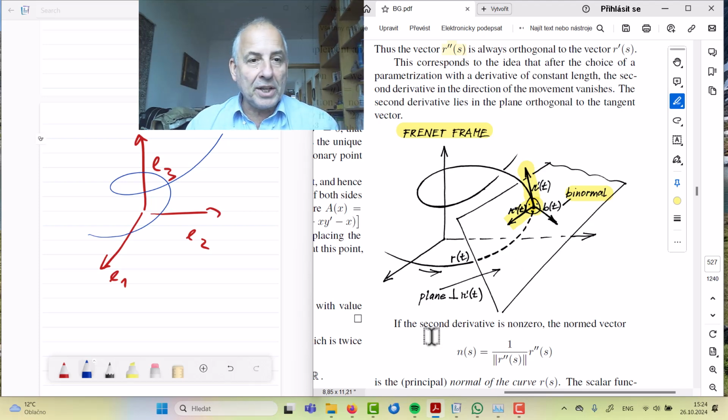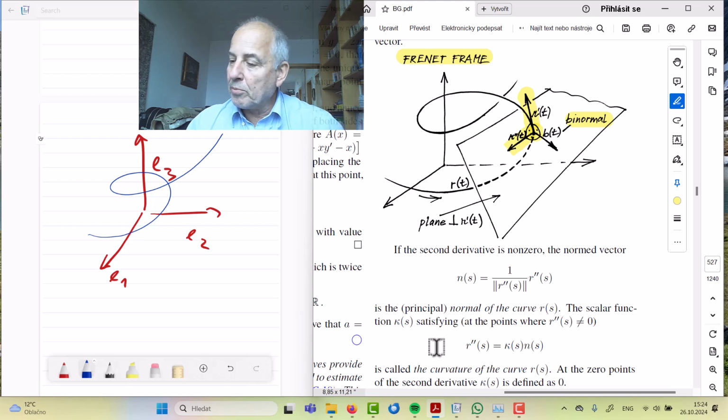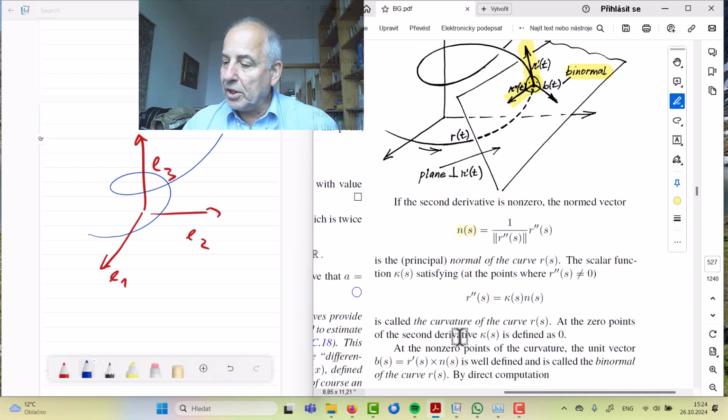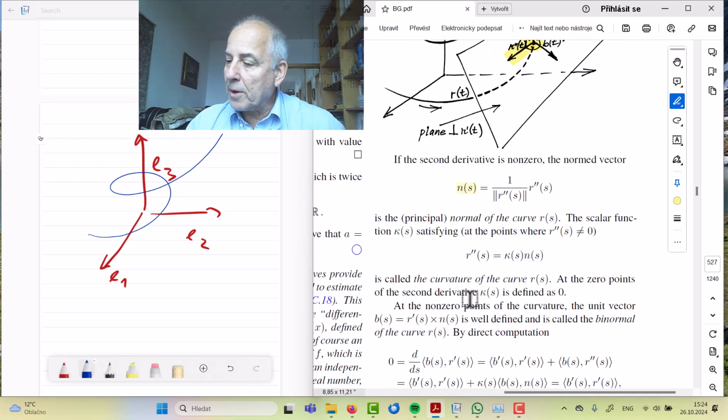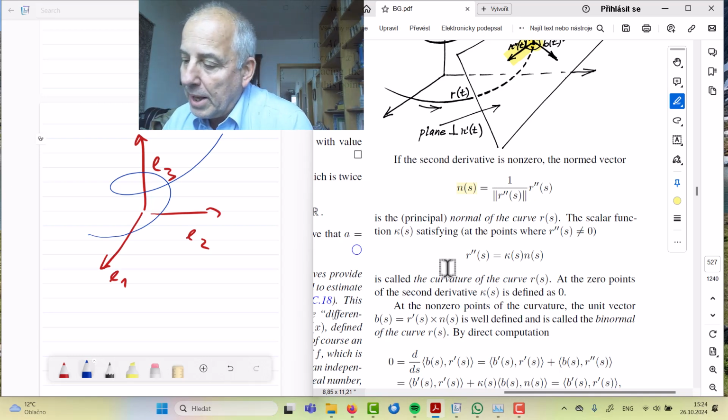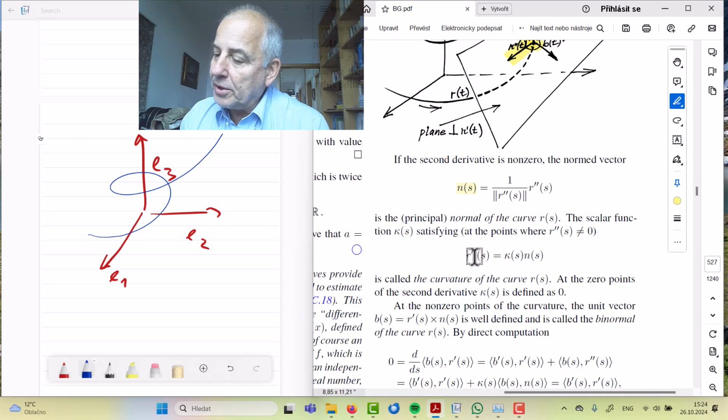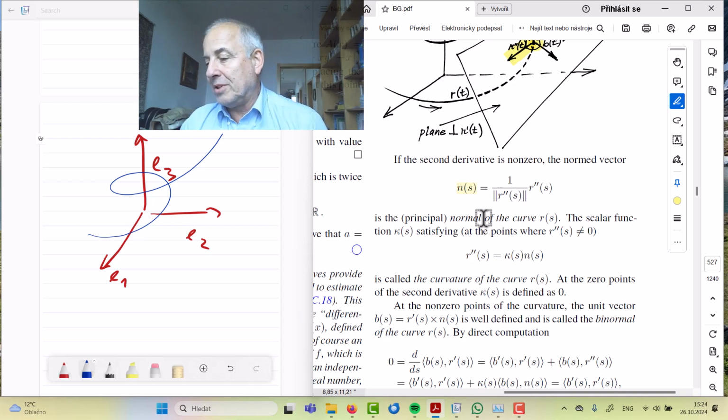Right, now if the second derivative is non-zero, then we can normalize it, right? So there will be a normalized second derivative vector, and of course the multiple we need to tell what the original second derivative was is well defined, and that's what we call curvature.